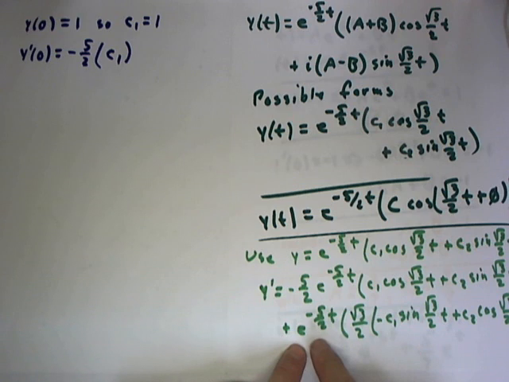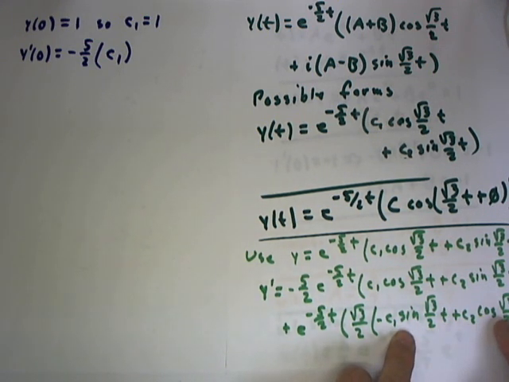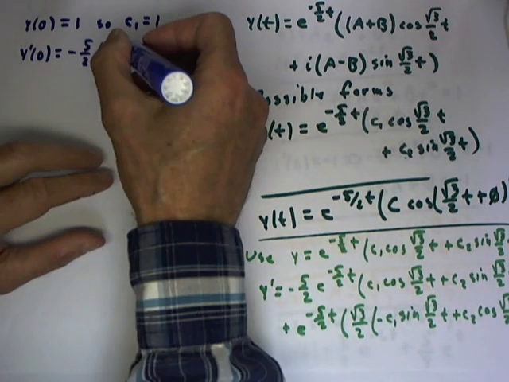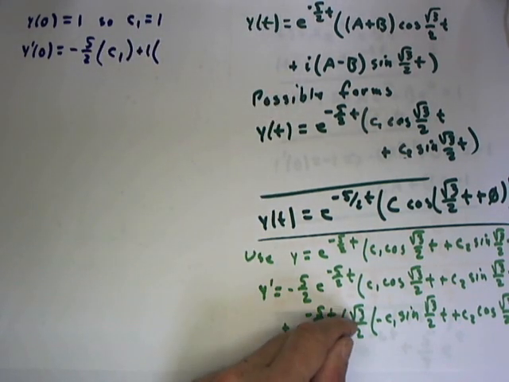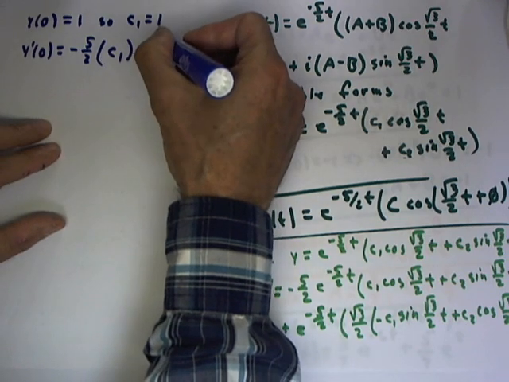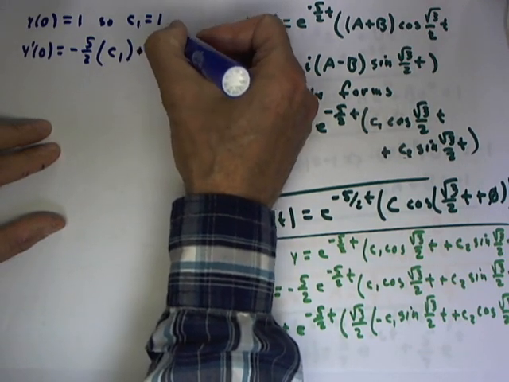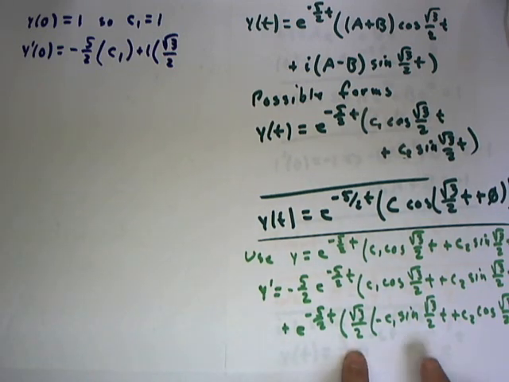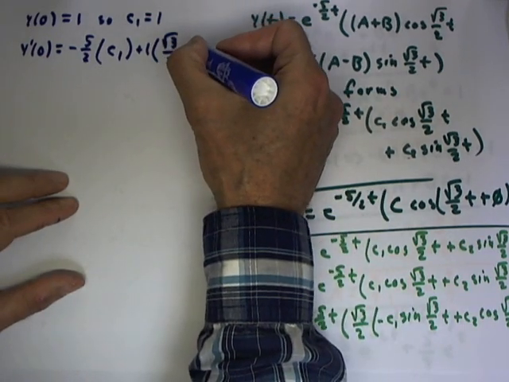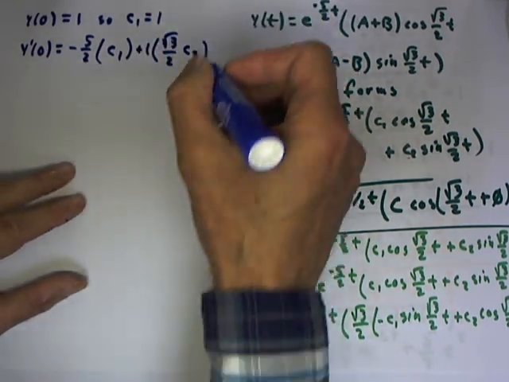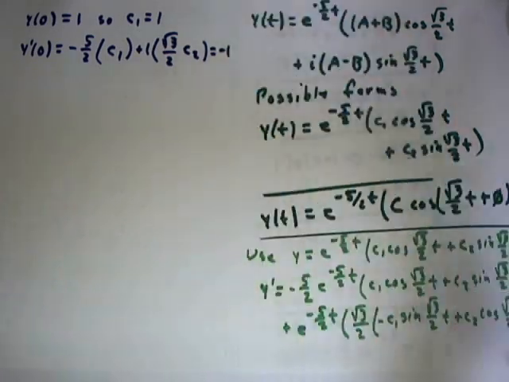The second term, our e to the negative 5/2 t is going to be 1, because t is 0, e to the 0 is 1. Our sine is going to be 0, our cosine is going to be 1. So what we have here is one multiplied by square root of 3 over 2 and then times 0 plus C2. And this should equal negative 1.